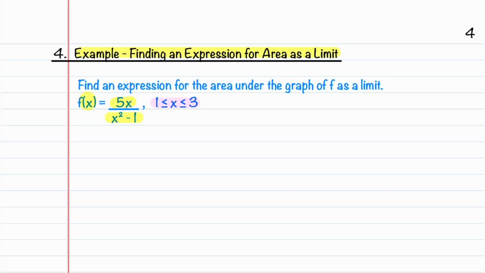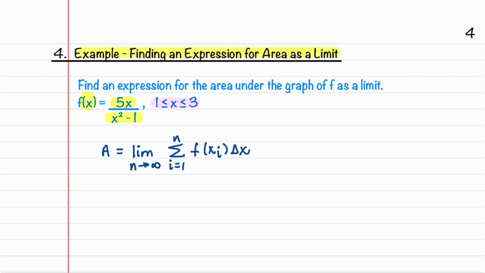That formula looks like this. A is equal to the limit as n goes to infinity, the sum from i goes from 1 to n of f of x sub i times delta x.